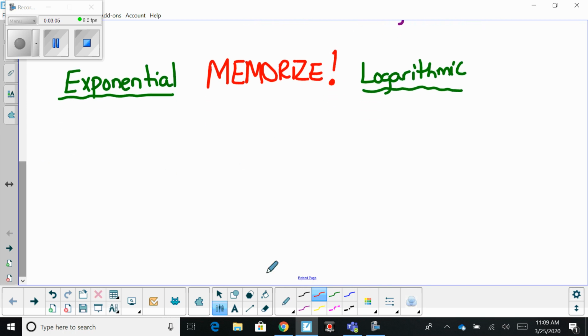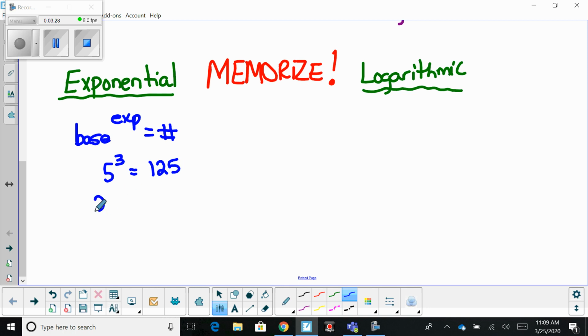Now, you are very familiar with exponential. You are used to working with exponential. Like you've got a base raised to an exponent, and it equals some number. I might have 5 cubed equals 125. I might have 27 to the 1/3 equals 3.